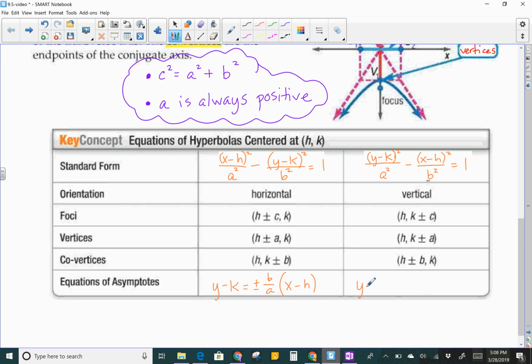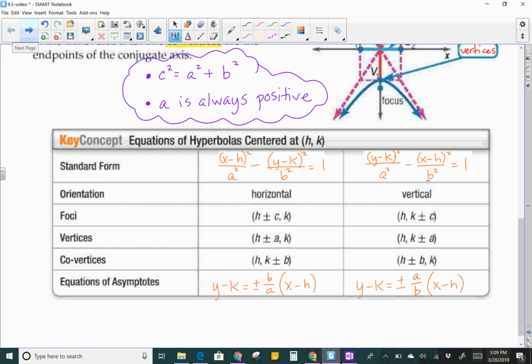And then over here, this is going to be y minus k equals plus or minus something times x minus h. Again, it's the slope, and the slope is y over x, so that's a over b. You might have a hard time remembering if it's b over a or a over b, and hopefully when we graph some, I can make that easier for you. If you don't get it from the video, please email me or come see me to ask me.